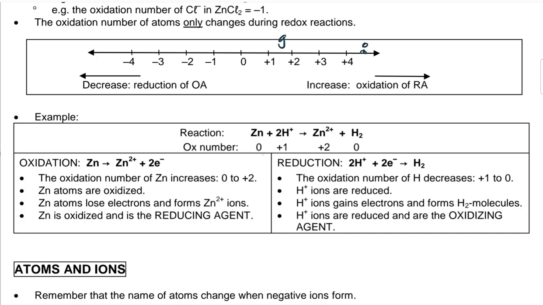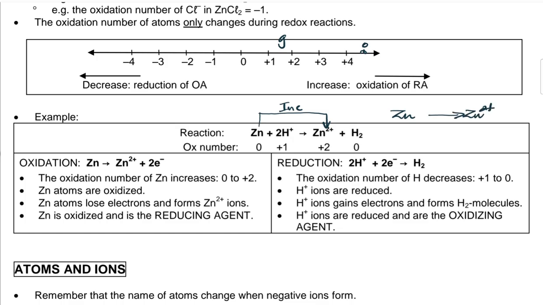The oxidation number of an uncombined element is 0. That one, H, is positive 1. Then this one is positive 2. This one is 0. So you look from 0, Zn, to Zn2 plus. Is the number increasing or decreasing? These numbers are increasing.